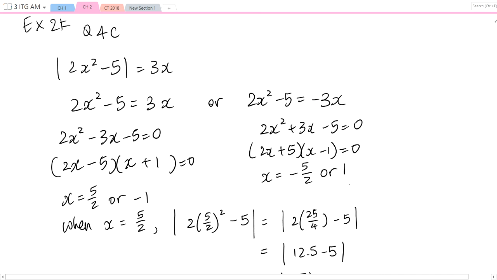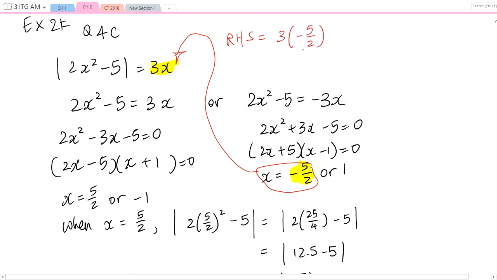let's consider x equals -5 over 2. Let us try and put it inside the right hand side. When x is equal to -5 over 2, my right hand side will be equal to 3 times -5 over 2, which is a negative answer. I don't even bother to work it out.